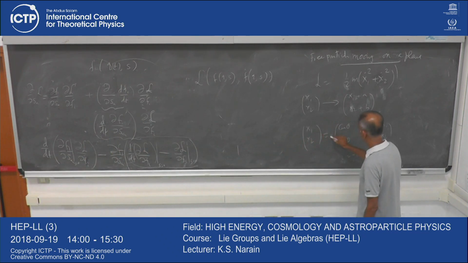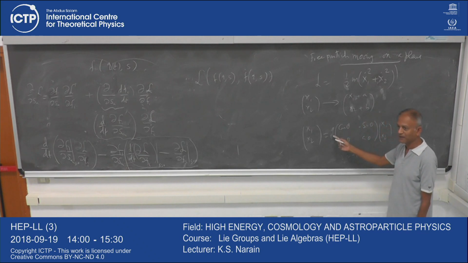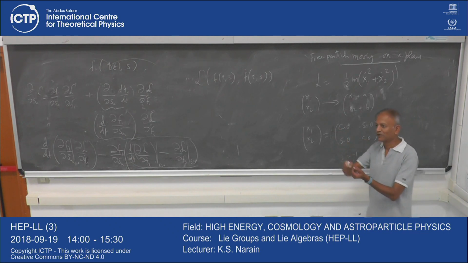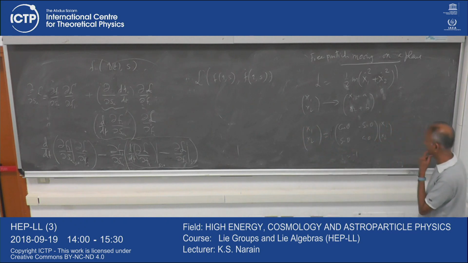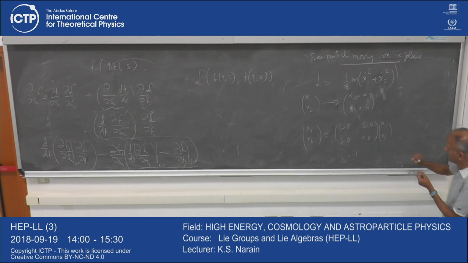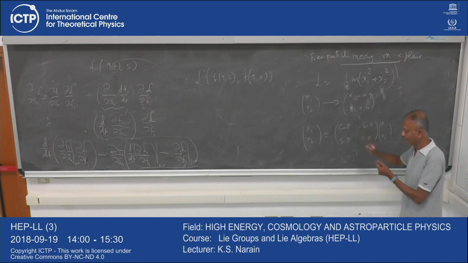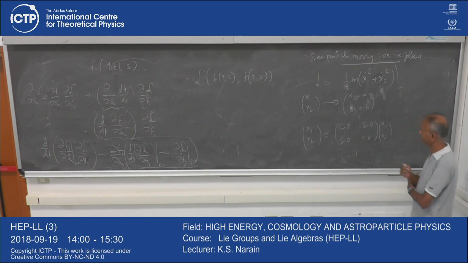If I multiply by e to the i phi, it should make sense for any phi. No, because these are real. X must be real. So that will be discrete because that will only be valid for phi equal to pi. It should be something where you can continuously change the parameter, and for all these values the transformation should make sense.